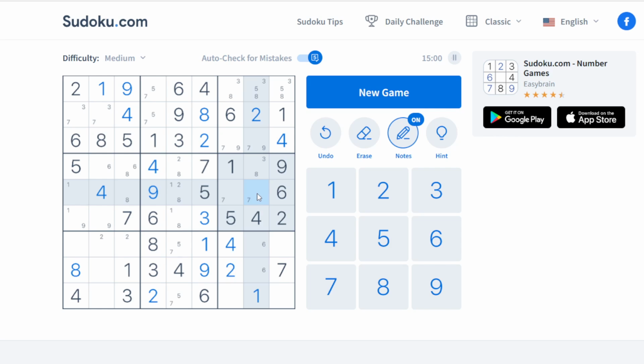This could be a 3, 7, or an 8. This could be a 3, 7, or an 8. This could be a 3, 5. It cannot be an 8 because of this. This cannot be a 3, but it could be a 5 or an 8.